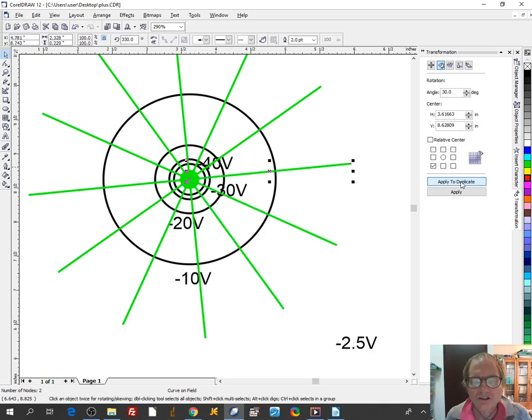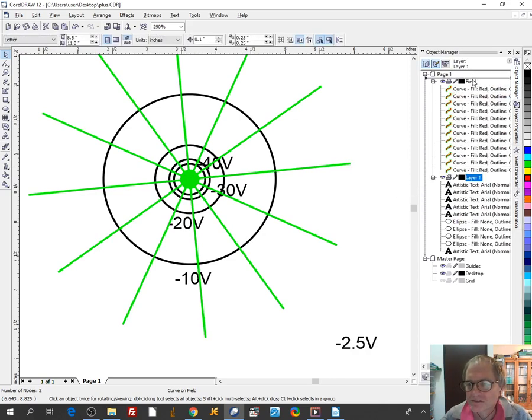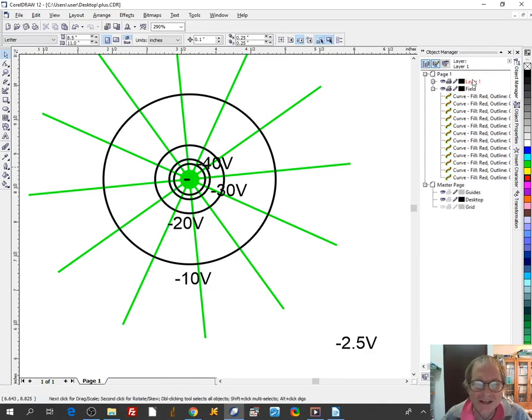There we are. These are our electric field vectors all pointing into the center. I can certainly see the negative charge now. So there would be our negative charge distribution.